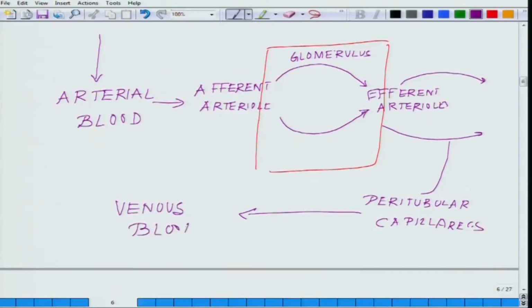So this is the whole schematic of the way the blood is getting purified.